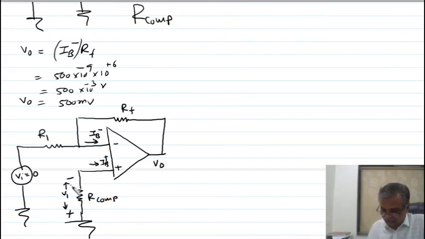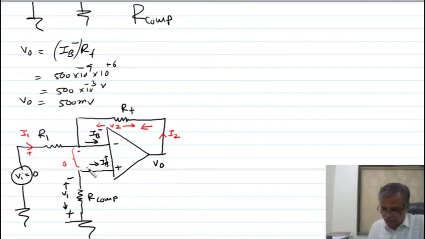Listen now. We know that this voltage is 0, so this is minus, this is plus, so current I1 will flow like this, and from here current I2 will flow like this, and some voltage V2 is developed. The voltage between these two is approximately 0.